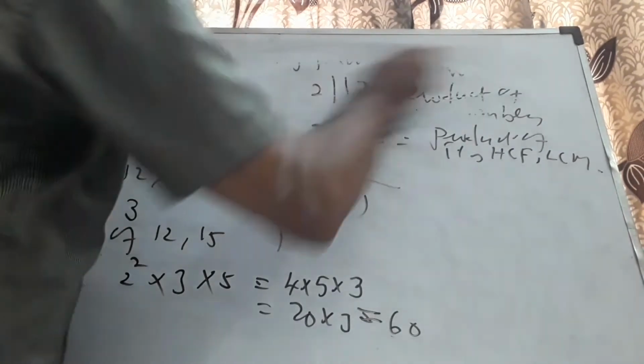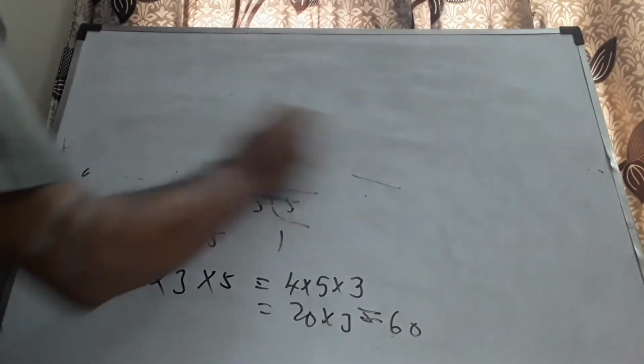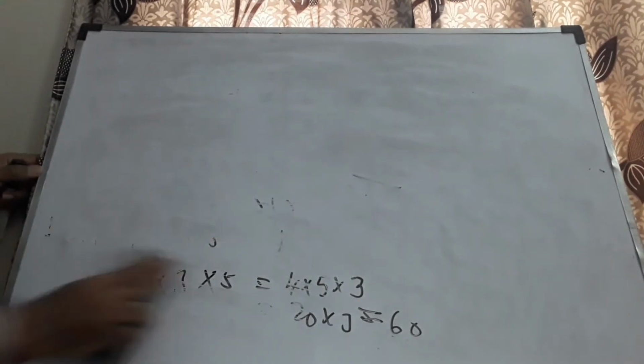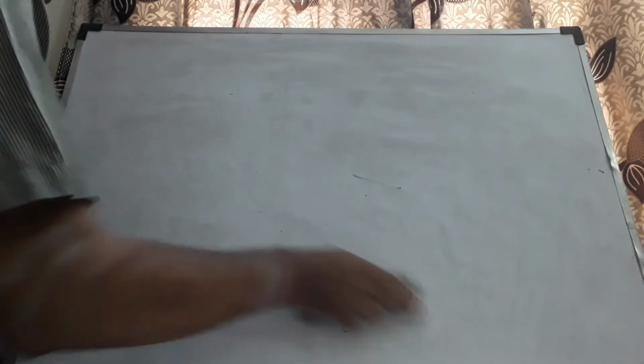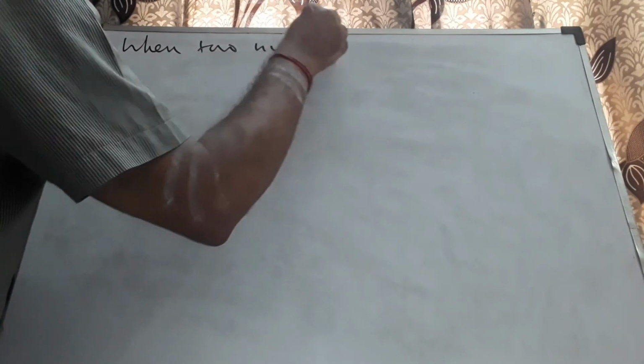Okay, let me generalize one particular thing. Now, I forgot to tell you one more thing. I was talking about prime numbers and composite numbers. One is considered to be neither prime nor composite. Remember carefully. One is a number which is neither prime nor composite. Now I am just giving you the rule.